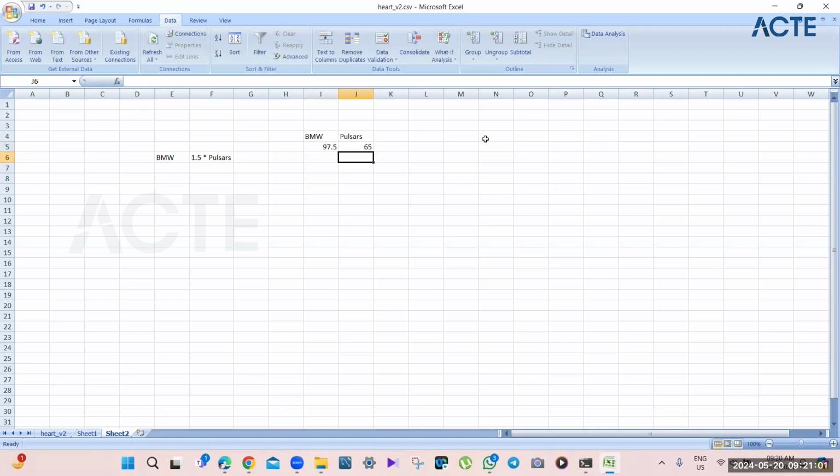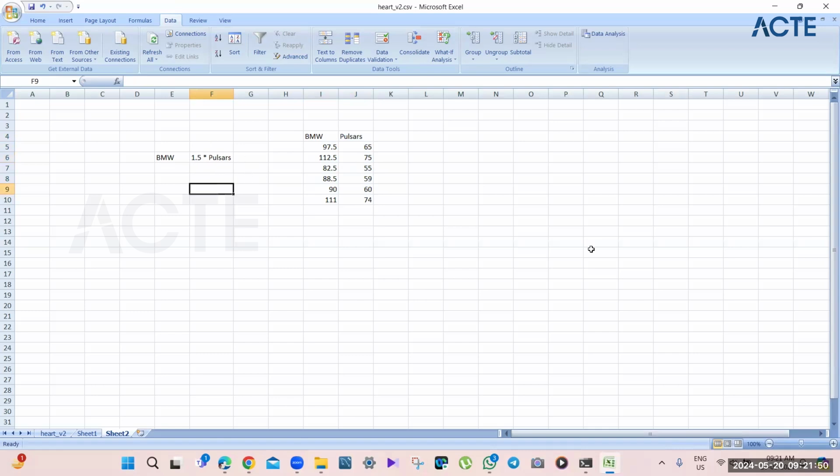This speed is this much, and let's start with only these basic ones. Based on this, I came up with this equation. So this is what I have deduced, and I have also collected some data, and the data also talks about the same thing. Like the BMW speed is 1.5 times of Pulsar speed. That is the thing. So here, what is the coefficient? My coefficient is 1.5. That means if I have to get BMW's value, I have to multiply Pulsar's value by 1.5.